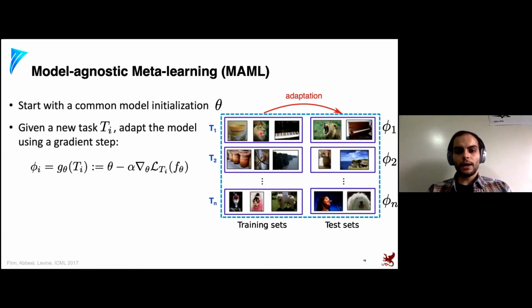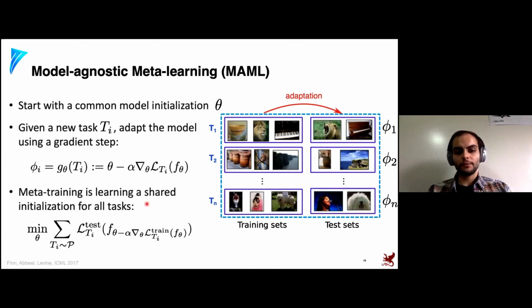Now, how do we select an initialization that actually works for all these tasks? Well, we're going to compose all these tasks together and define the test loss, using the standard cross entropy loss on the test set.